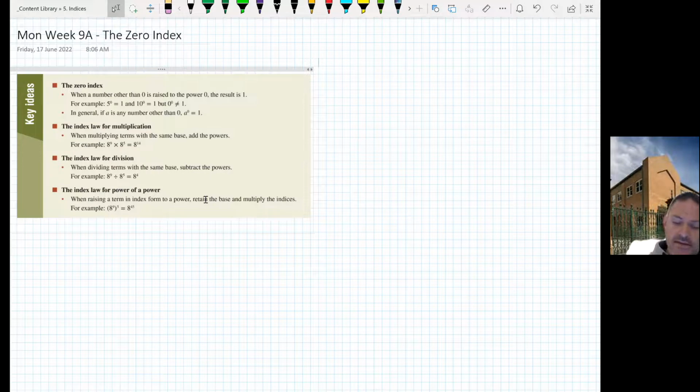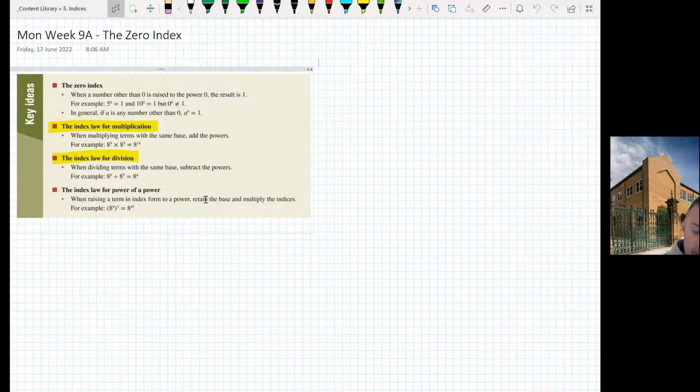The second and third law you should be very familiar with now, because we've done a lot of work with not just numerical bases, but with algebraic bases when we are multiplying or dividing those base numbers. We're going to be working a bit more on the index law for power of power and also the zero index, which we have spoken about.